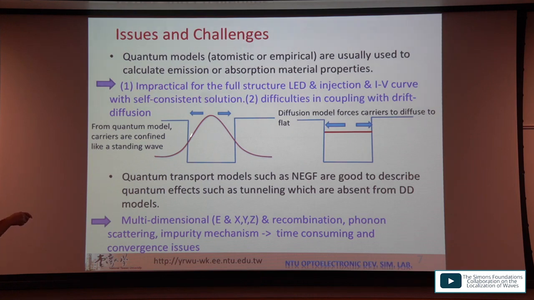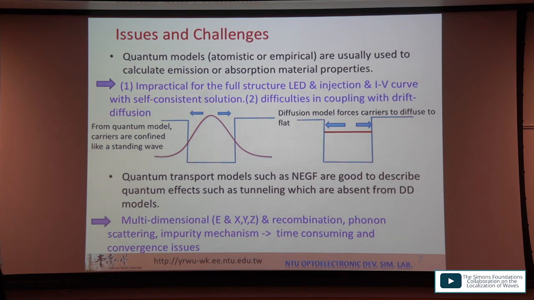If your carrier density is like a wave, it's not allowed in the diffusion solver. The diffusion solver tells you that your carriers need to diffuse out and your band needs to be flat. So in a common quantum well, you will never get a wave-like carrier distribution, because it's limited by the equation itself. So then how to model this?